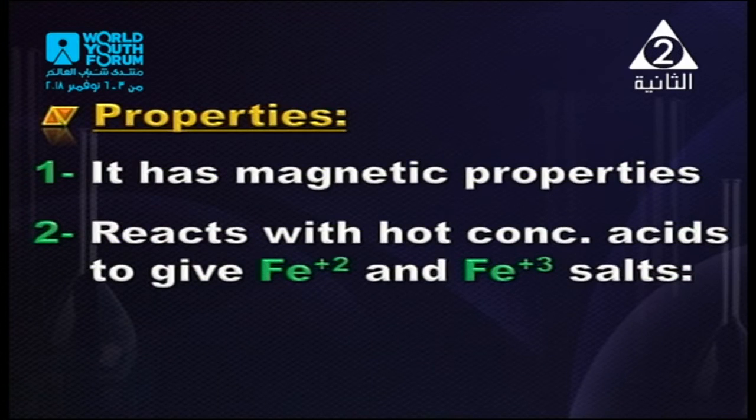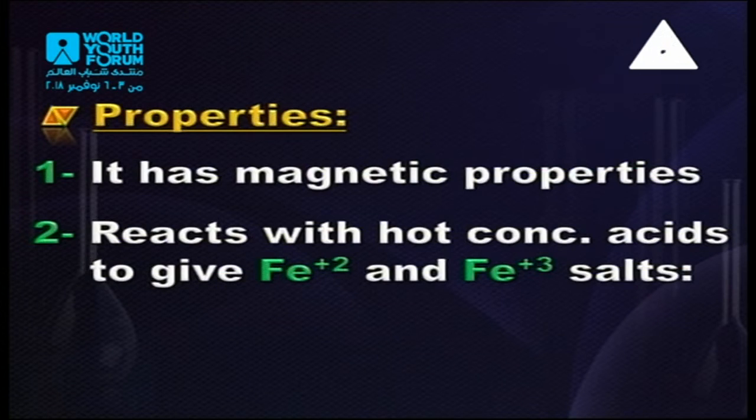So when we prove that the magnetic iron oxide is a mixed oxide, what you are going to do is write the equation between the magnetic iron oxide and the hot concentrated acid, as it gives iron 2 salt and iron 3 salt. This equation proves that the magnetic iron oxide is a mixed oxide. Iron 2 oxide and iron 3 oxide are mixed together.